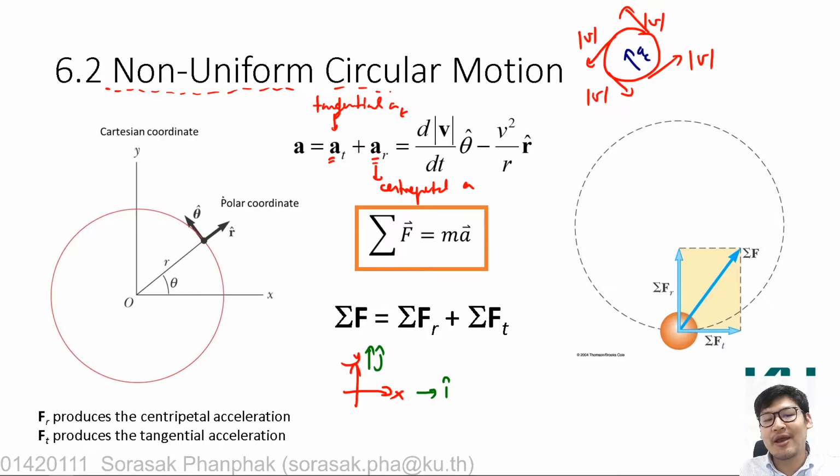Here we emphasize the unit vector pointing outward from the center along the r axis. We call this r hat, the unit vector of r, which points outward from the center. If it's pointing inward, it's going to be minus r hat.